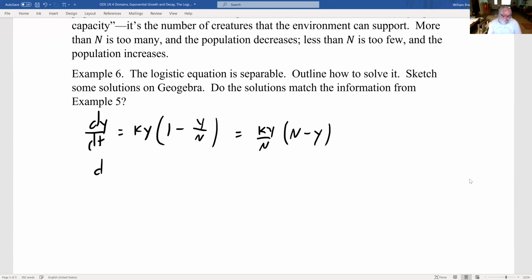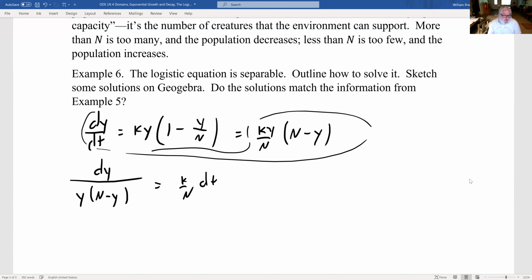So now this is nice and separable, and we get dy over y(n minus y) equals k over n dt. So we'll separate the variables here, and then integrate both sides. And that's everybody's favorite integration technique if you want to do this by hand: partial fractions.